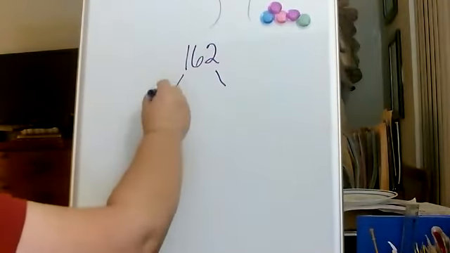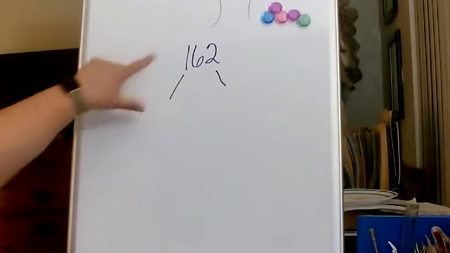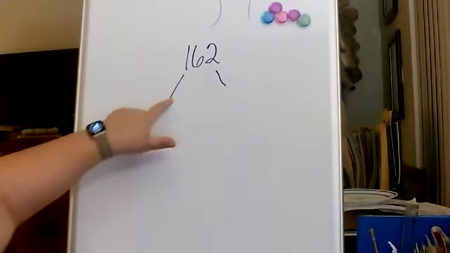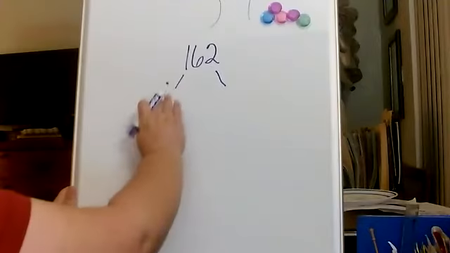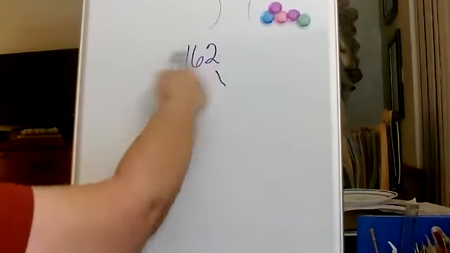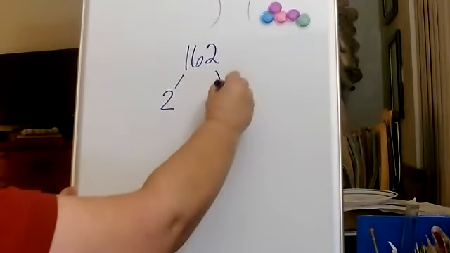We have two lines. We know, because we're going to go through our divisibility rules, that if a number is divisible by 2, it is an even number. And 162 ends in an even number, so it's even. So we can start off with a 2. And then we divide that 162 by 2. 162 divided by 2 is 81.